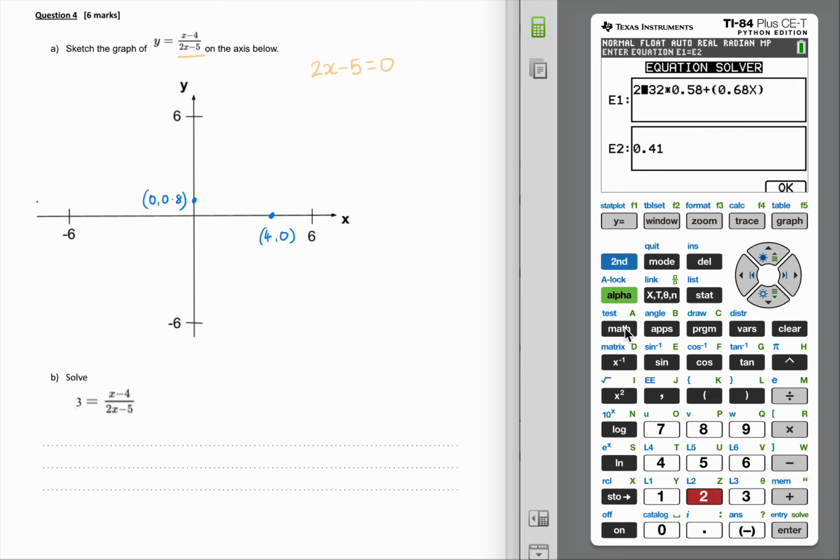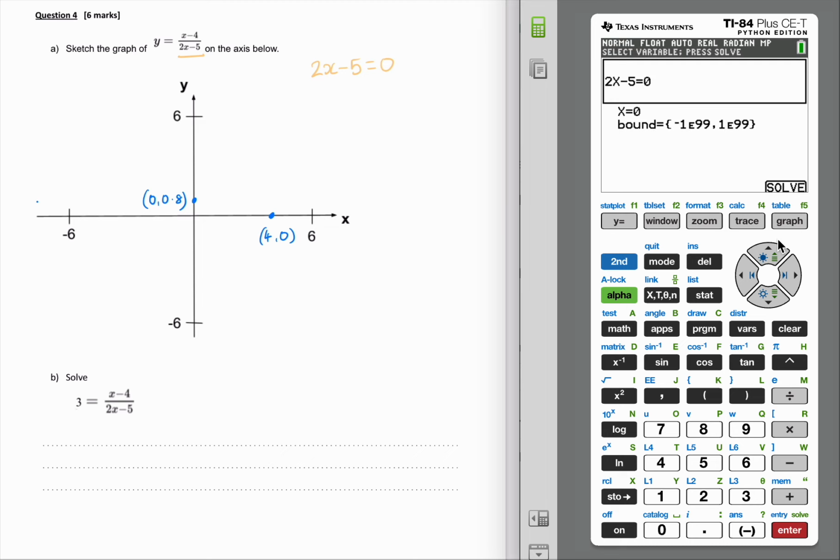So that's when 2x minus 5 equals to 0. You can of course solve this by hand as well, and I get 2.5. So that means that x equals 2.5 is my first asymptote, and that is an x asymptote or a vertical asymptote. So that's somewhere here, which is x is equal to 2.5.